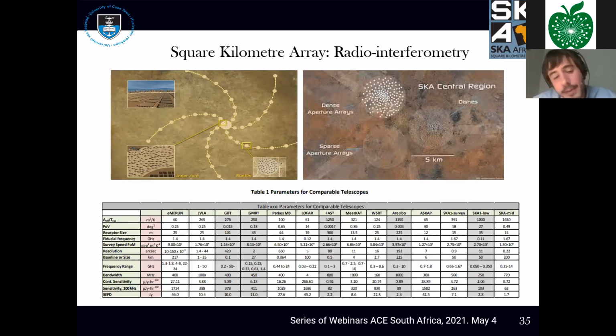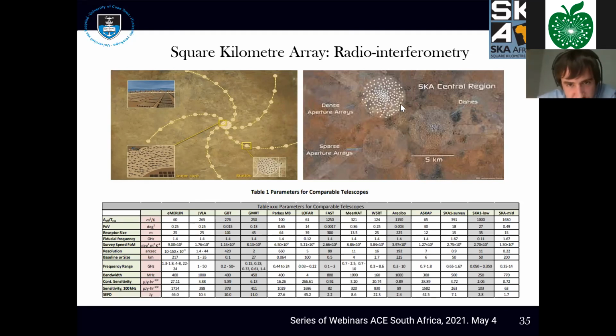So the way scientists solve this is, instead of building only one antenna, they build different stations, like a large station with different antennas working like a huge antenna.